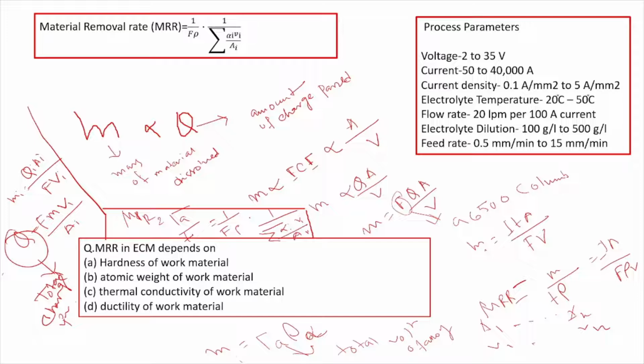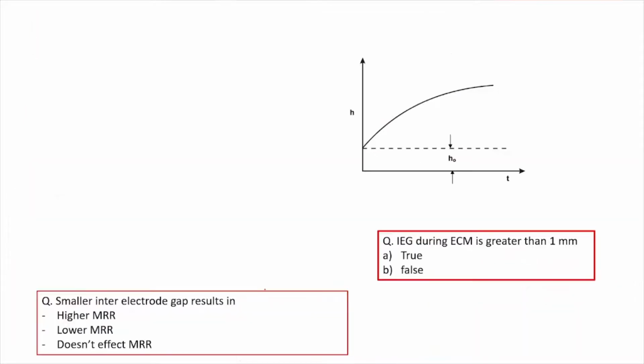From the equation itself we can say alpha i into Vi divided by Ai is there. So Ai is the atomic weight of that work material. So MRR is directly dependent on the atomic weight of the work material. So we can say MRR in ECM depends on the atomic weight of the work material. From the equation itself we can get the relations between MRR and other process parameters. Okay, so this will be the right answer.